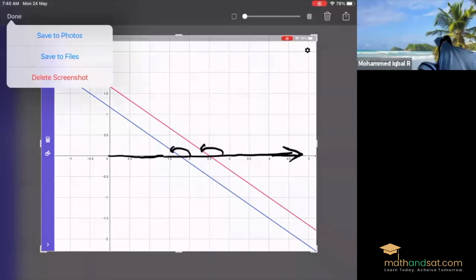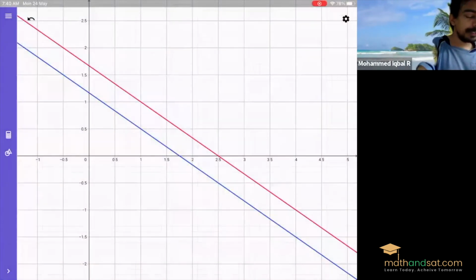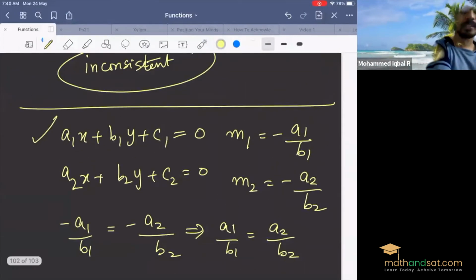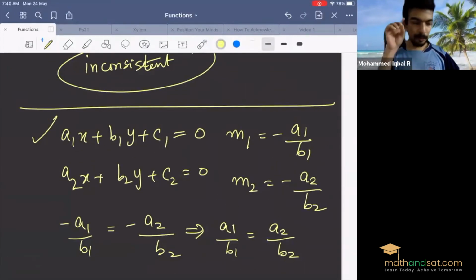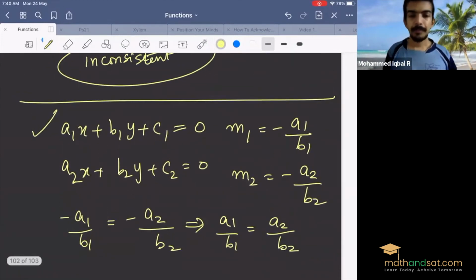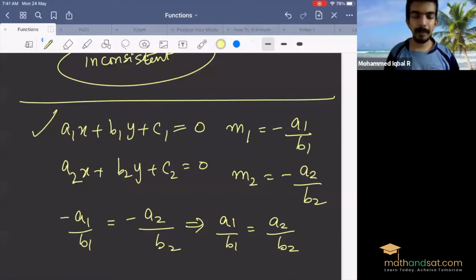Please understand the logic behind this. When I say that the coefficients are proportional, you're actually saying that the slopes are equal. Because for the first line, the slope is minus a1 by b1. For the second line, the slope is minus a2 by b2. When I equate them, you get the same condition. Is that clear? Please let me know.